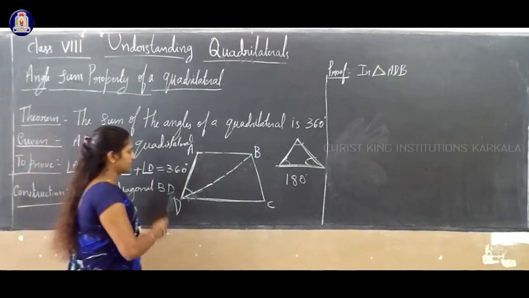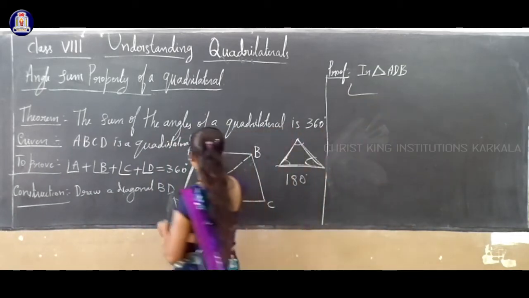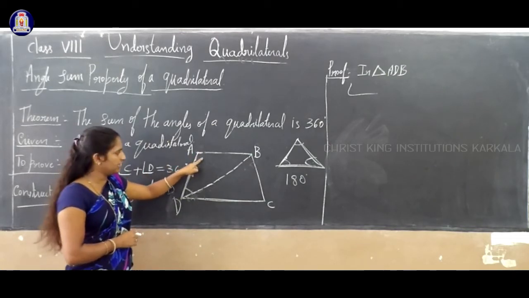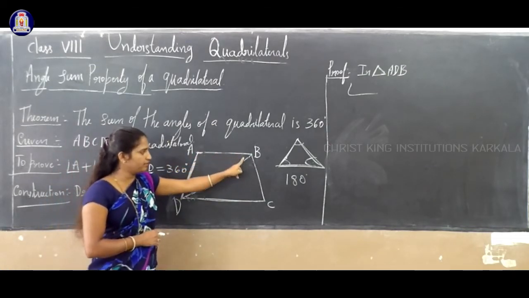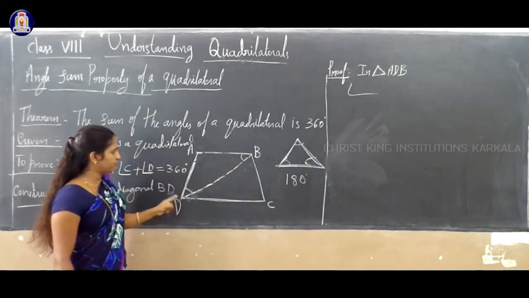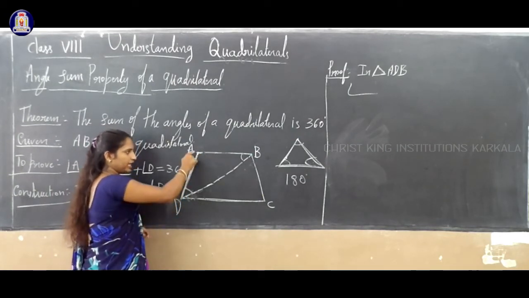Okay? Now we will consider the angles. First angle is angle A, and another one is half of angle B. This is half of angle B, right? So how can we read this? Now we will write first angle A. So how to write? DAB.